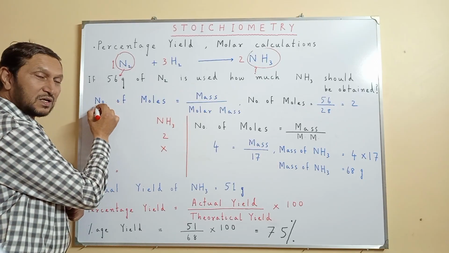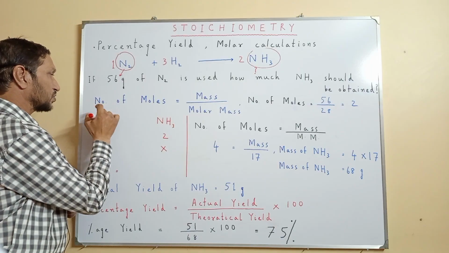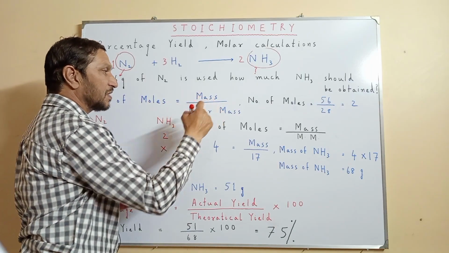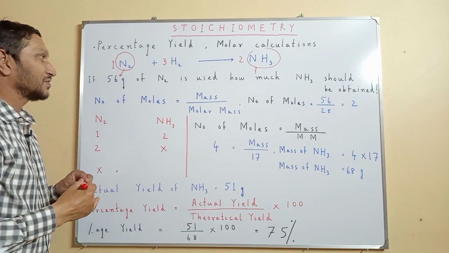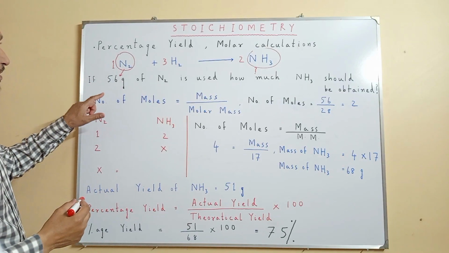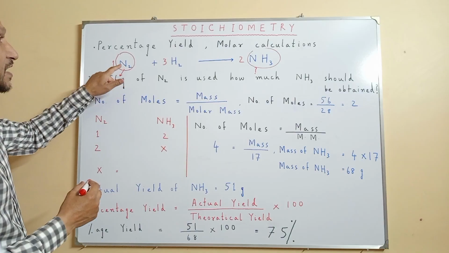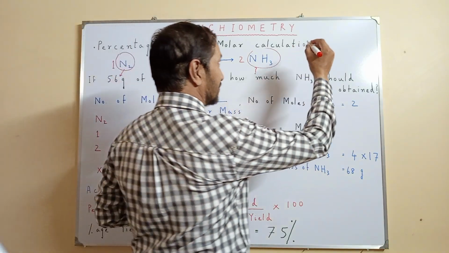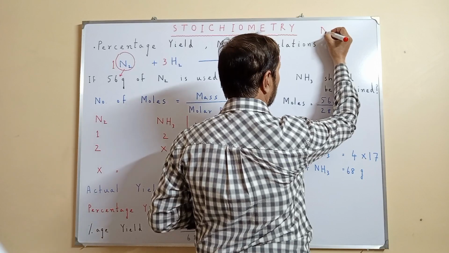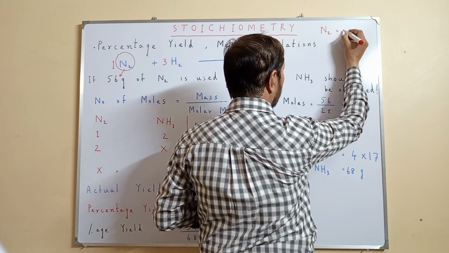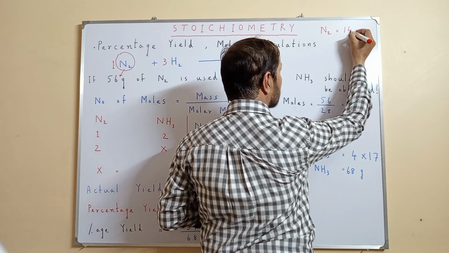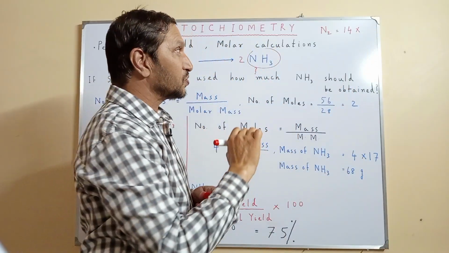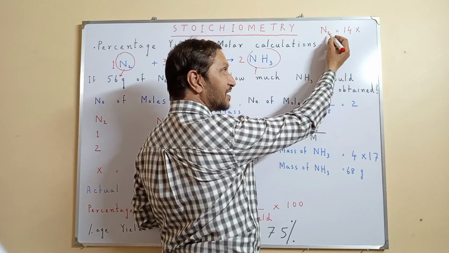The most common formula which is used is: number of moles is equal to mass divided by molar mass. So now the molar mass of nitrogen, N2. What is the formula of nitrogen gas? N2, where the atomic mass of nitrogen is 14, and in every nitrogen molecule, how many nitrogen atoms are there? 2.